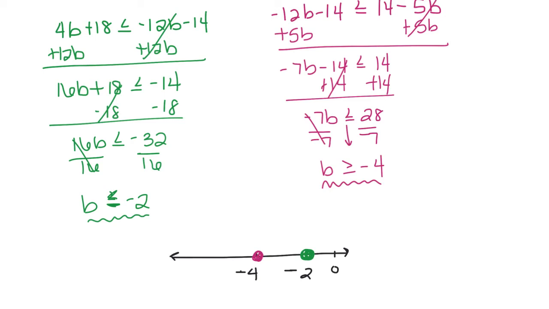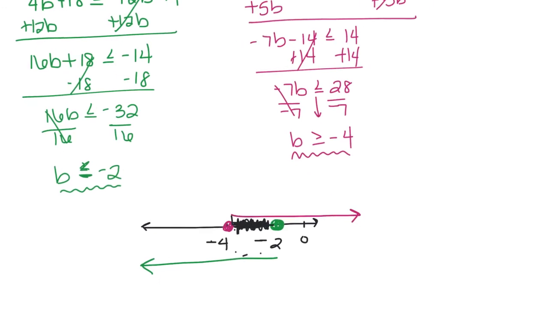So for -2, I want all the numbers that are less than -2. So that means I'm going to shade left. Then for the -4, I want all the numbers greater than -4. So I'm going to shade to the right. So if you notice, right here in the middle is where my shades are overlapping. That's where my colors overlap. So that's where your actual solution set is here in the middle.